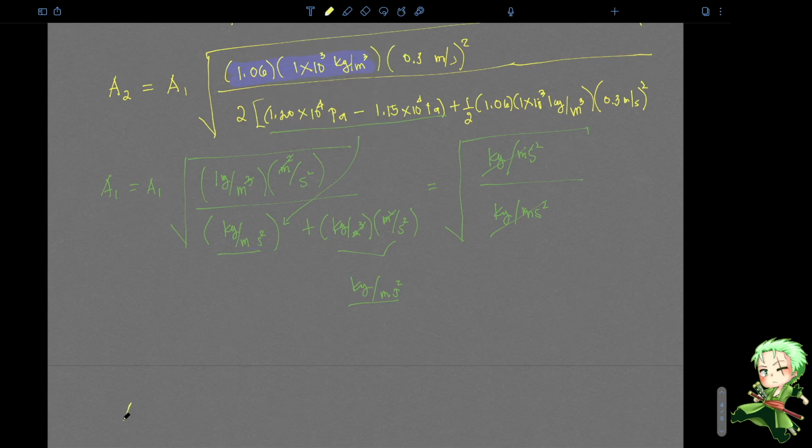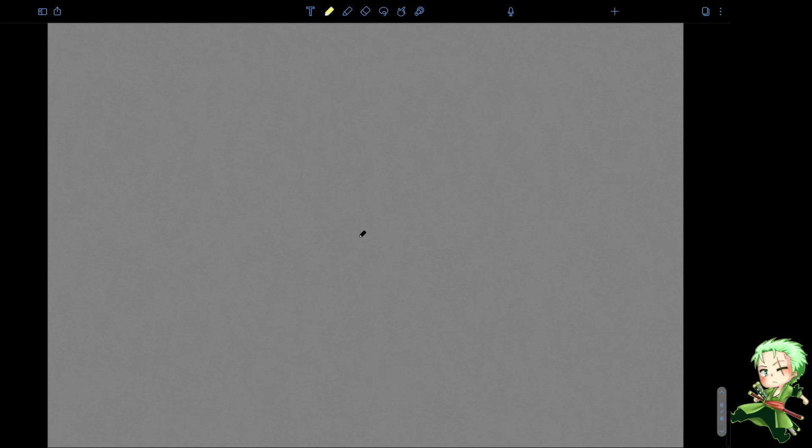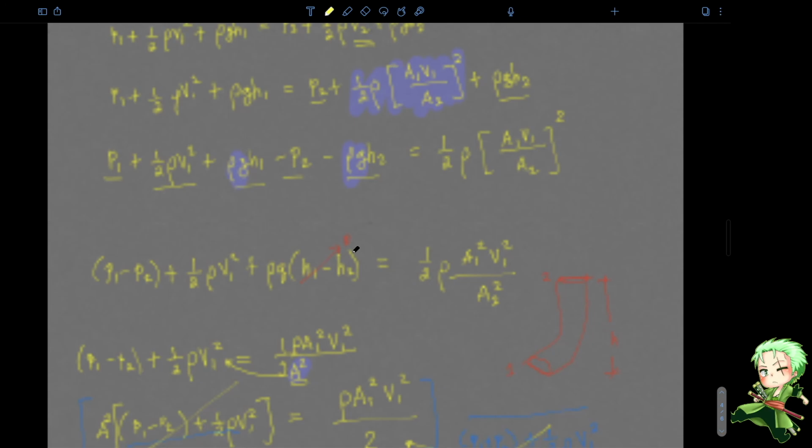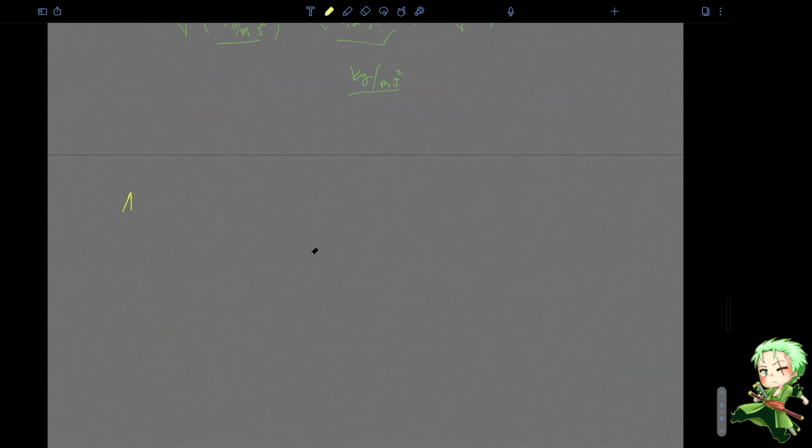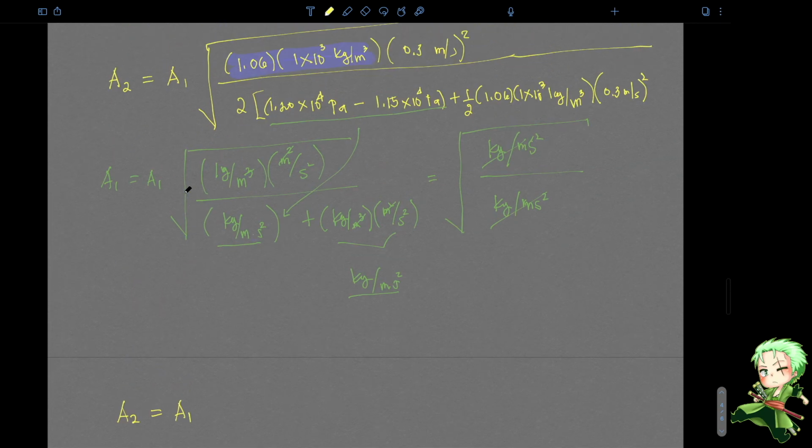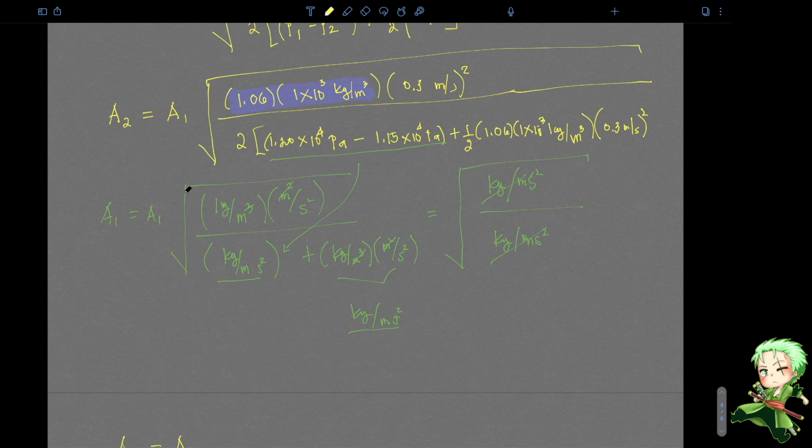So A2 then is given by A1, and then the term will be plugged into your calculator.